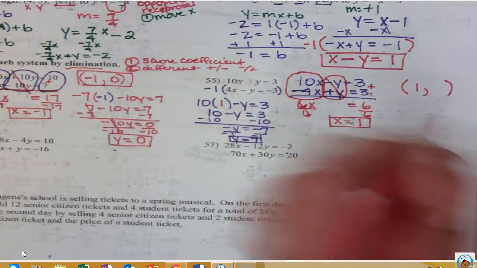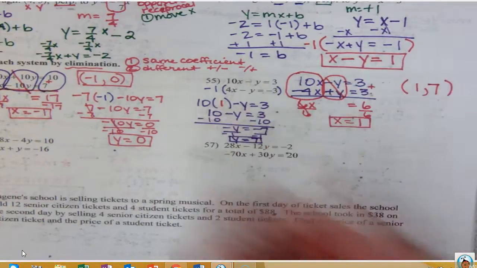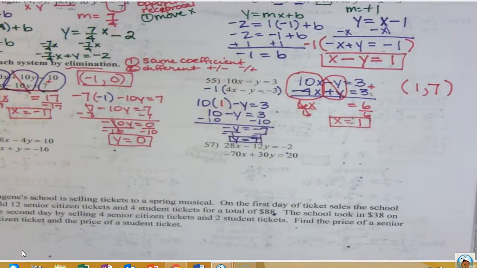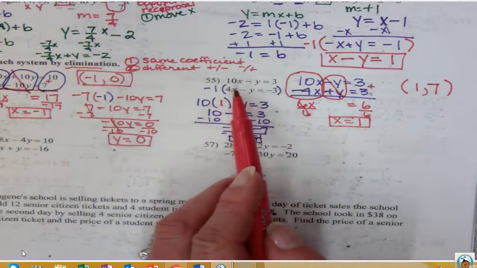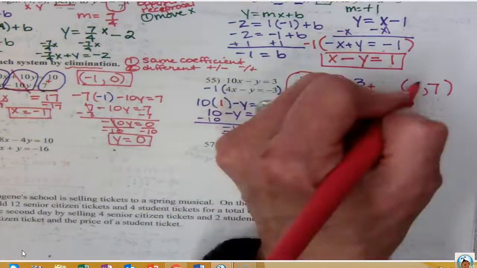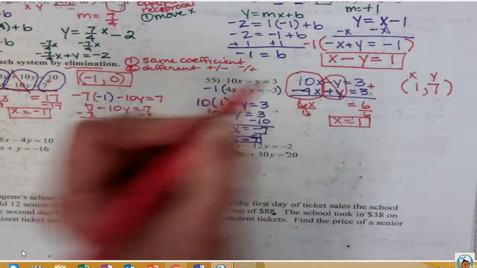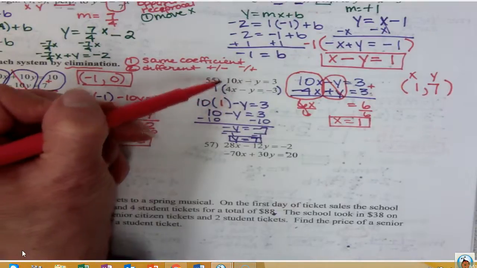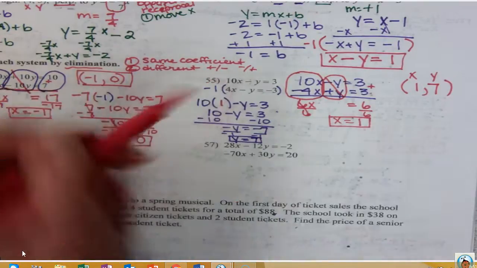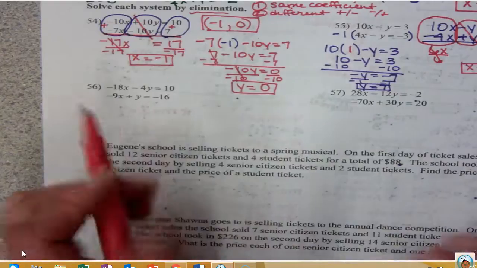So this up here is going to be 1, 7. Okay? That's telling me that if I plugged this into both of these equations, with this being my x and this being my y, these would both be true statements. That's the point of intersection between those two lines. Okay, moving on.